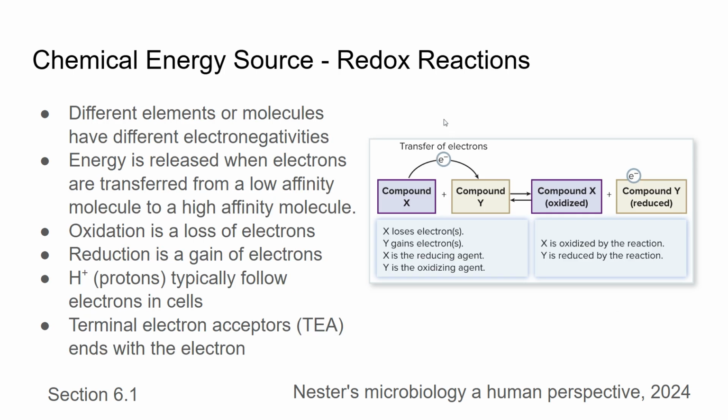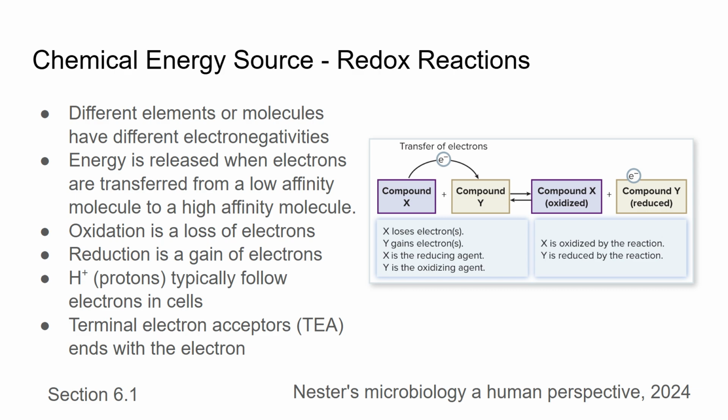Okay, so how does chemical energy get released? Well, we need to cover something called electronegativity. So electronegativity is just how much an atom or molecule wants to grab electrons. So if you have a chemical with a high electronegativity and it has an electron, there's pretty low energy required for that to exist.